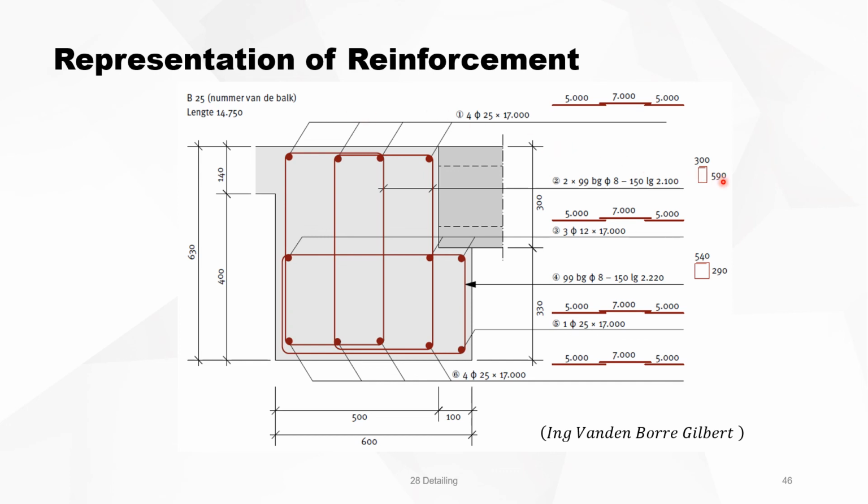I've seen that Gilbert has not used the typical shape numbers, but he's using a small drawing for clarity. So that's also allowed. But you will see, for instance, that on the bottom reinforcement, it says it's 4 times 25, 17 meters long. And then he indicates for the 17 meters, how do you achieve that? By 2 times 5, 1 times 7.